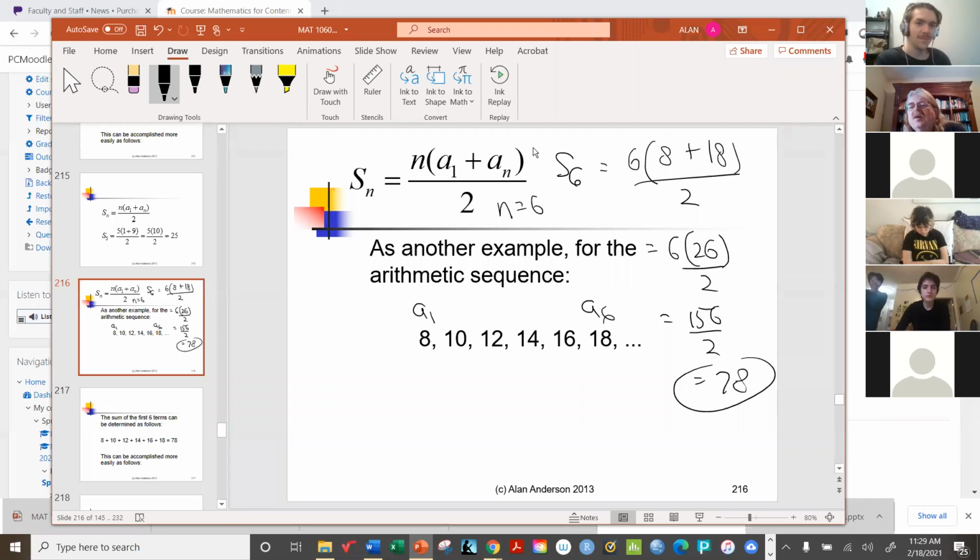That has to be given to you in the problem. There's no specific reason for it. When you're doing 8 plus 18 over 2, you're not taking into account the 6. The 6 comes here. Okay.